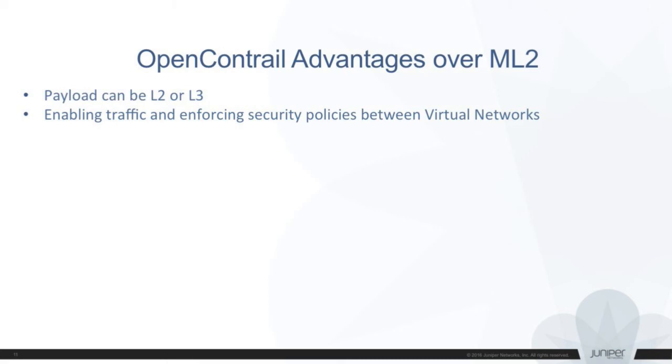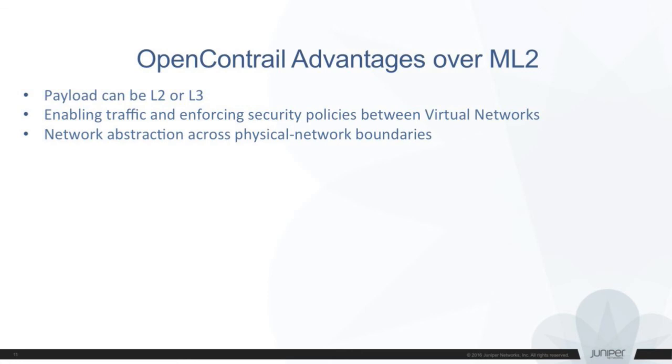So the packets could flow across the tenant networks, which is a great advantage, and it can be done simply with the security policies. And network abstraction across the physical network boundaries is easily doable because it does L3 also. That's another advantage of OpenContrail.